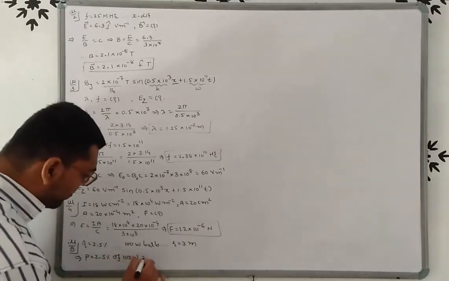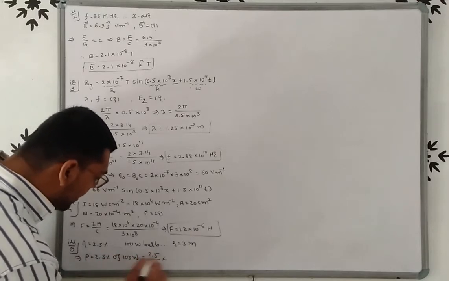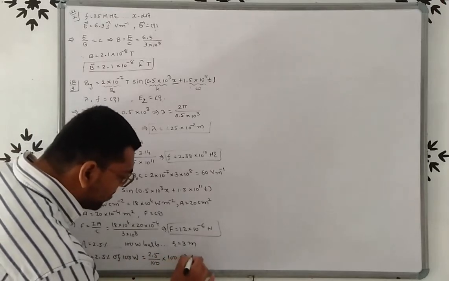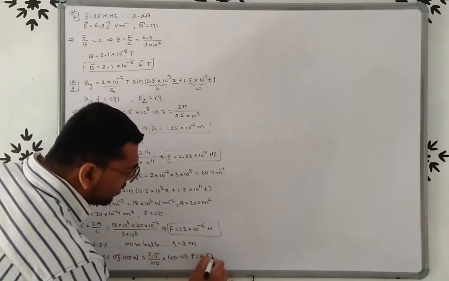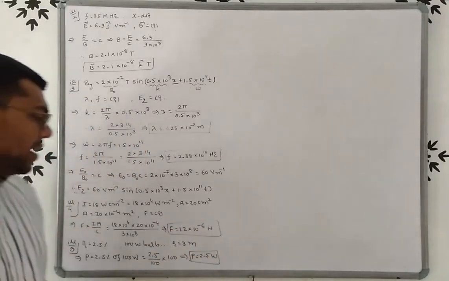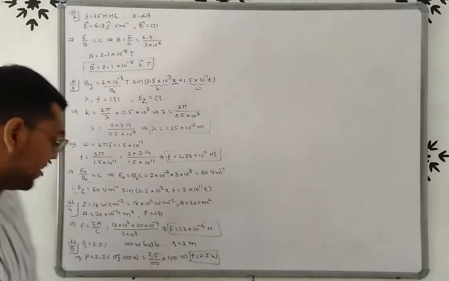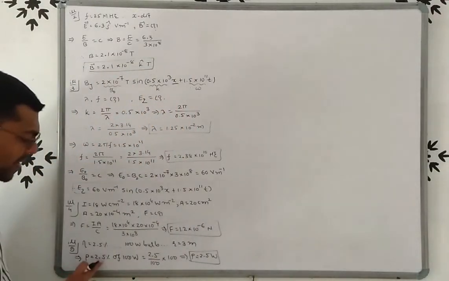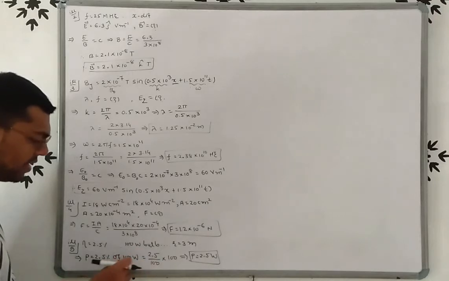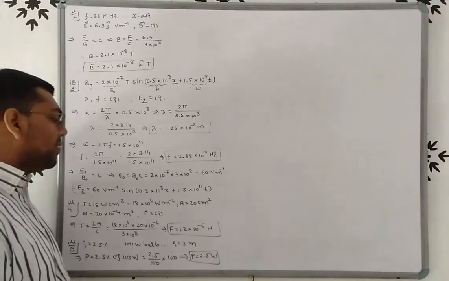So power will be 2.5 divided by 100 into the rated power, 100. So here we get power P equal to 2.5 watt, because the bulb is 100 watt but has an efficiency of 2.5%.